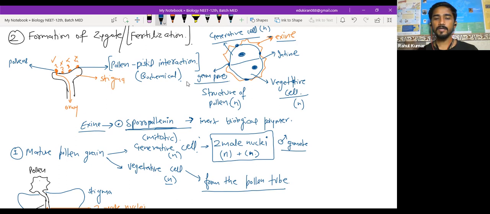This interaction ensures the identification of the same species of the pollen.